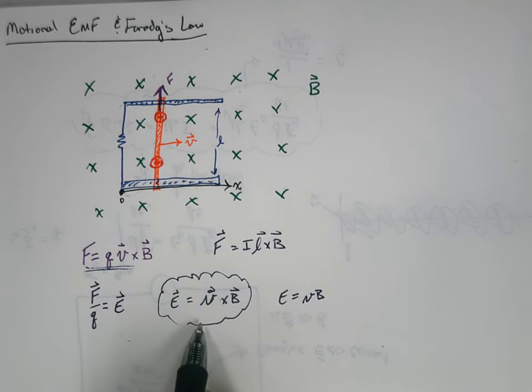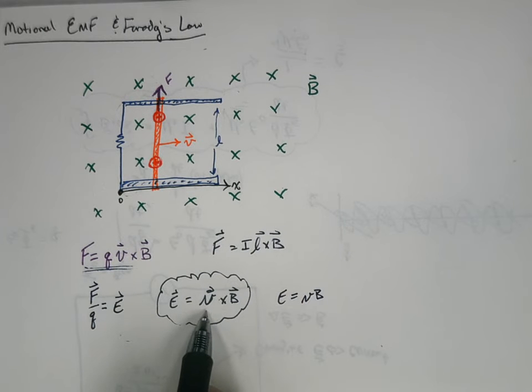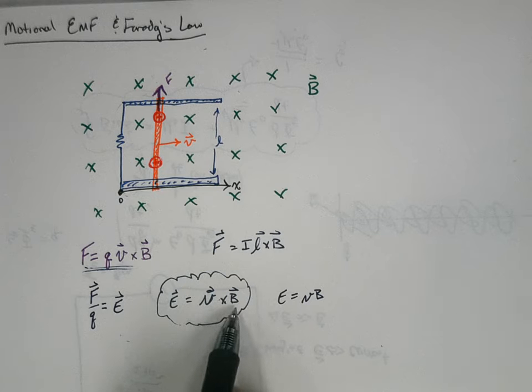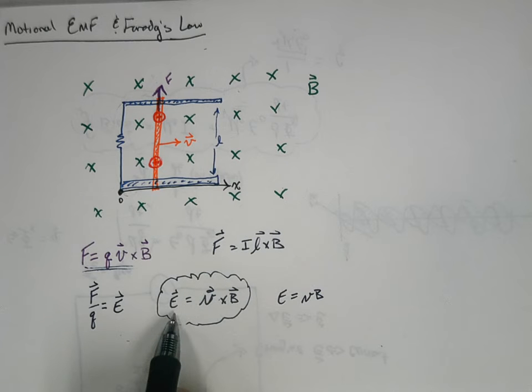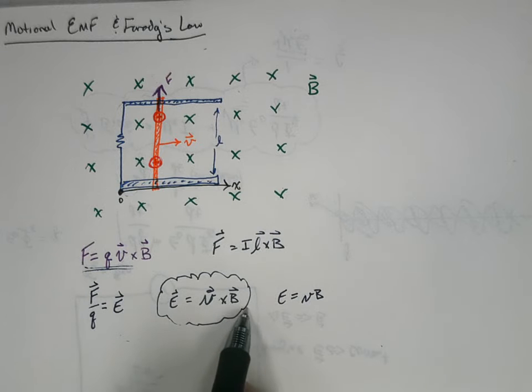Look what this tells us. If we have this velocity, this thing moving through our magnetic field, it's creating an electric field. Or if we go the other way, if we change our electric field, with the same velocity, what's going to happen to this?